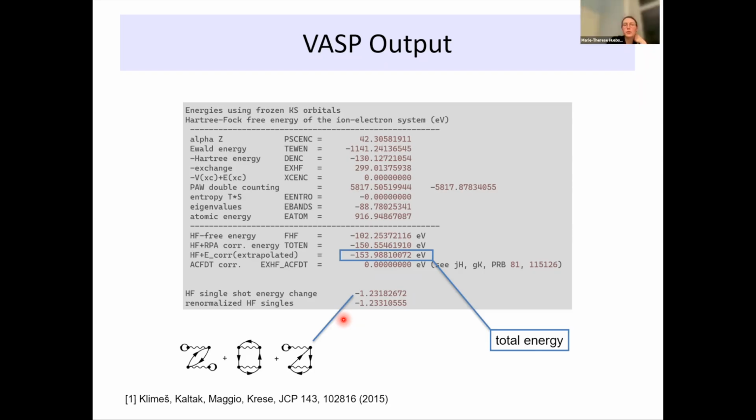And then how about the forces? Yeah, I don't know exactly what's meant by this. The idea is that you use the relaxed PBE structure and then try to relax it again, but with RPA, to see if the structure would differ, right?